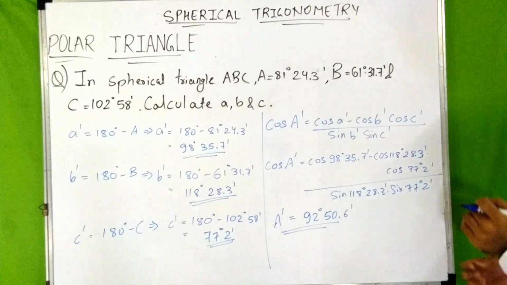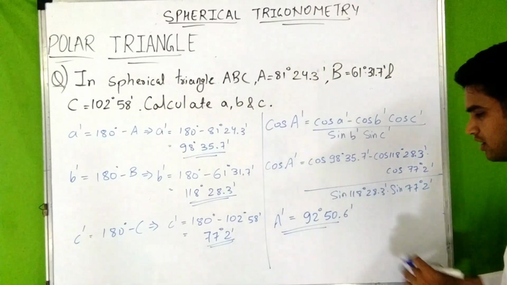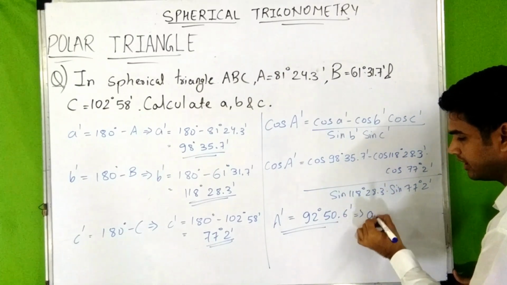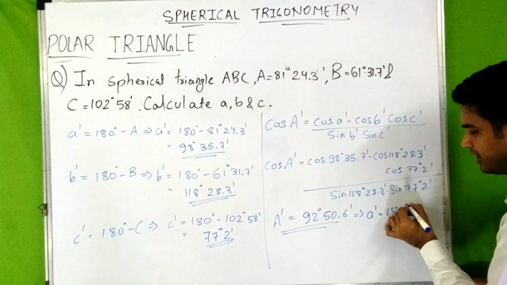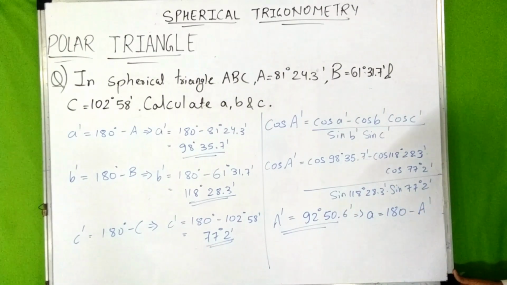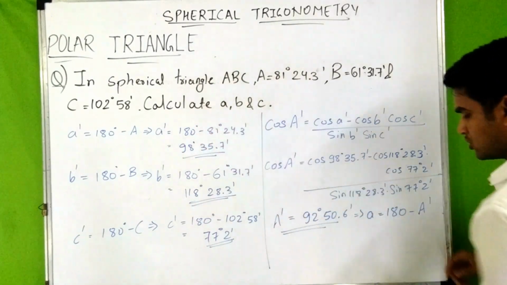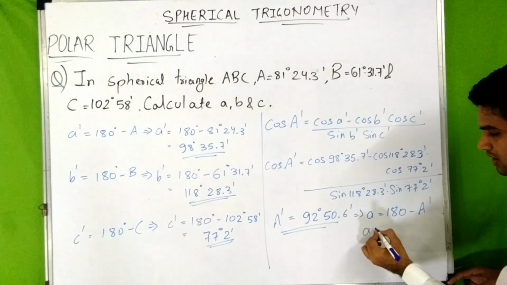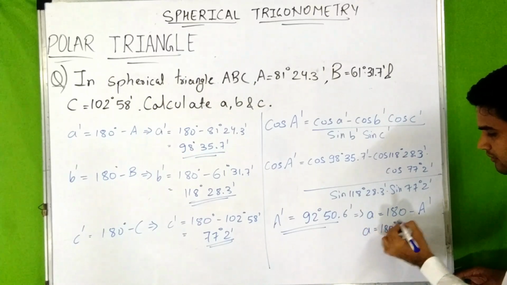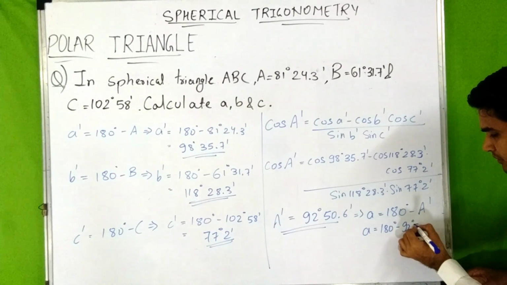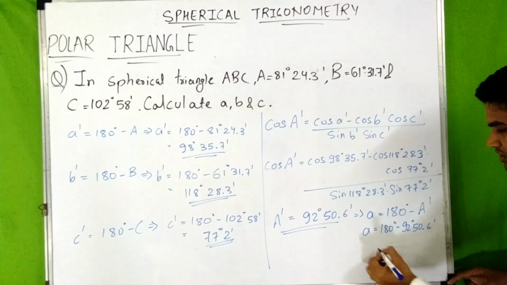Now, according to the second statement of polar triangles, we know that small a is equal to 180 degree minus capital A dash. We have to find small a. So when we put values here, we get small a is 180 degree minus capital A dash, that is 92 degree 50.6 minutes.